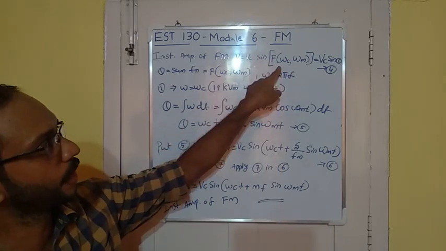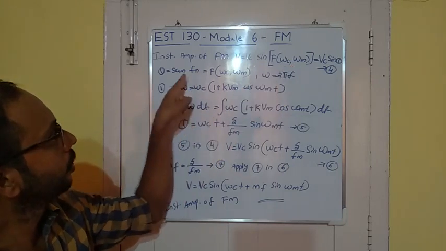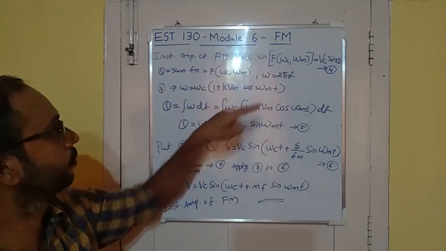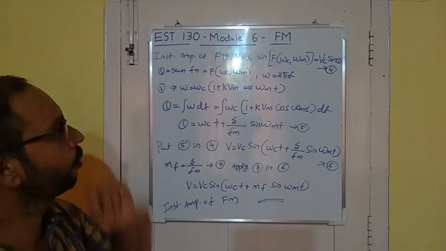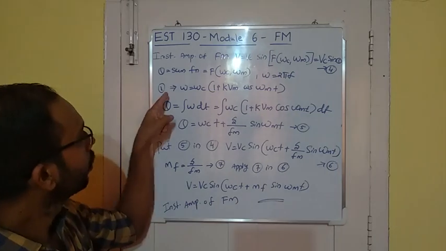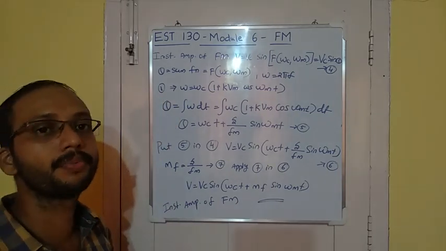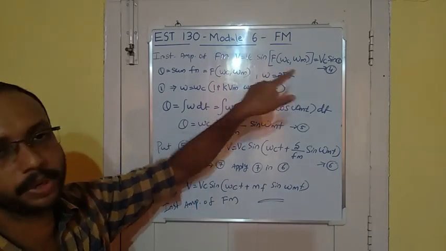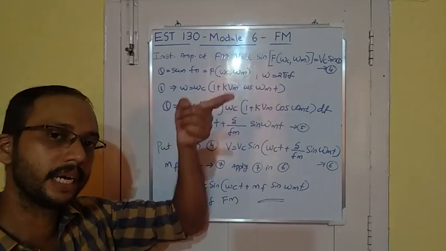So instead of f of (omega c, omega m), substitute theta. We know that omega is equal to 2 pi f. So equation number 1 means the equation of frequency, the first equation. So we are applying omega is equal to 2 pi f in that equation.